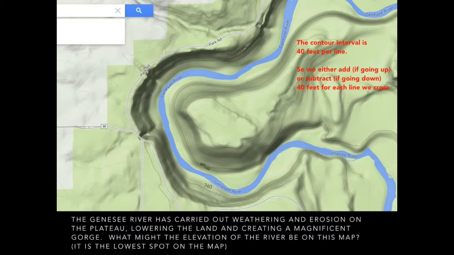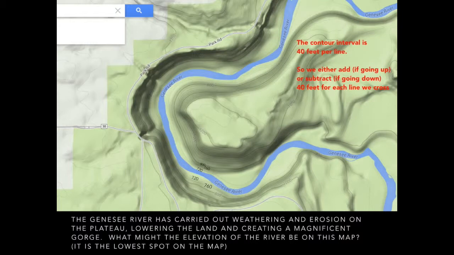We're going to jump down now to 760. So we went down 40 feet because we're heading down to the river, and the contour interval is 40 feet per line. So the next line down, you should be able to figure out 760 minus 40 is 720 feet. And that's the last line that is listed here.